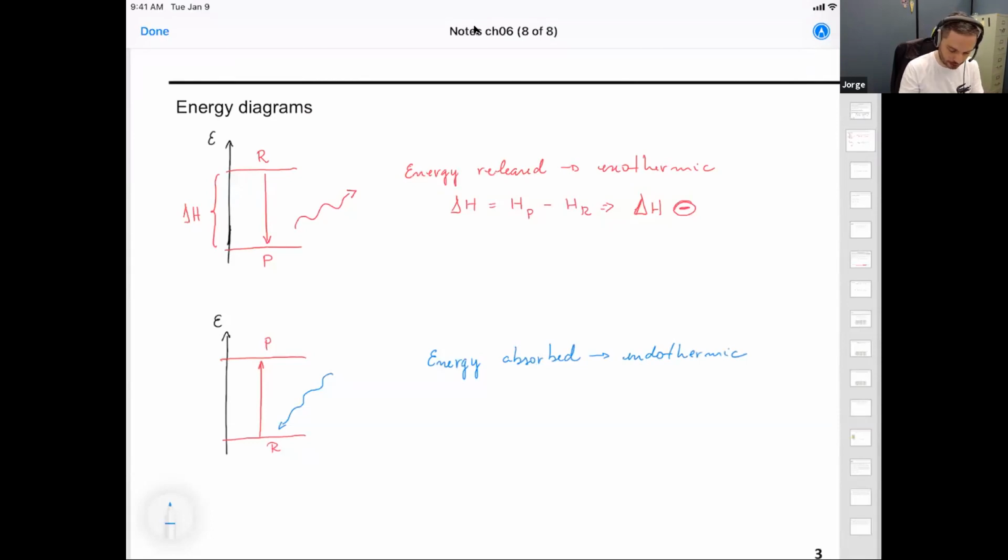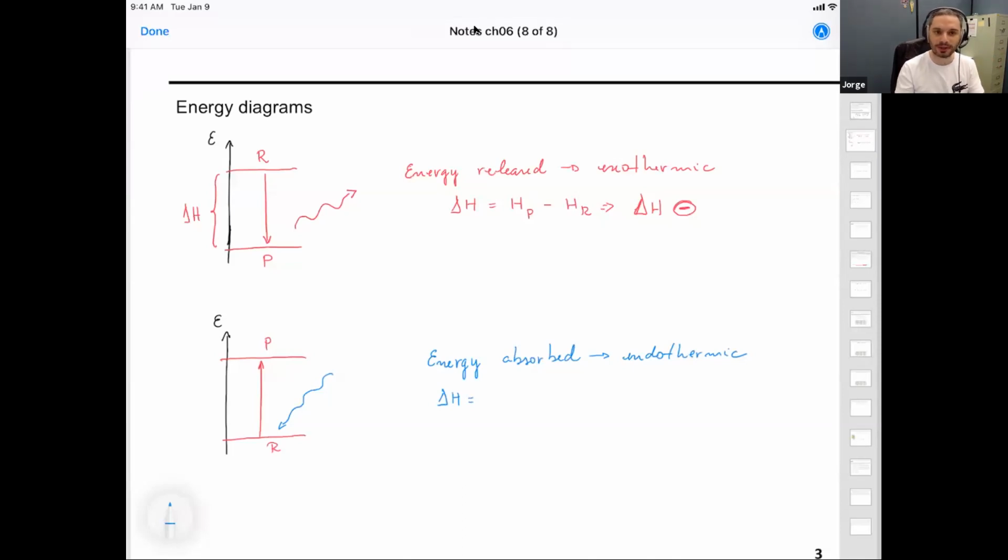Okay, so again, if the test tube got cold, that means the energy was flowing from the test tube to the reaction, causing an increase in the energy when comparing products and reagents. And again, we can determine the delta H for this reaction.